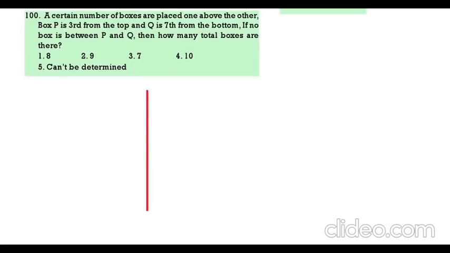A certain number of boxes are placed one above the other from top to bottom. So see, draw one line. Now P is third from the top. 1, 2, 3. Here we will get P. Q is seventh from the bottom.